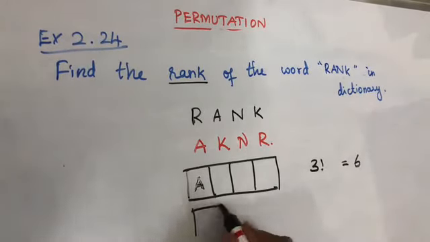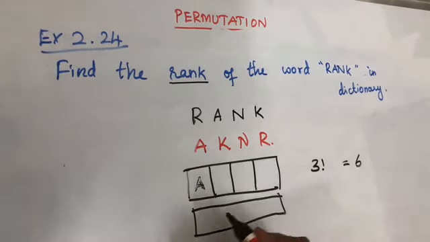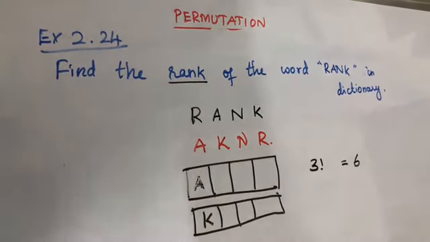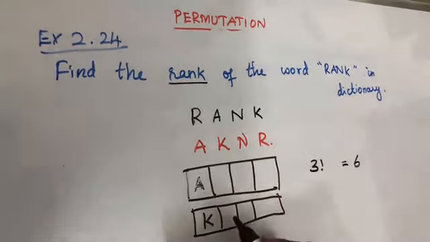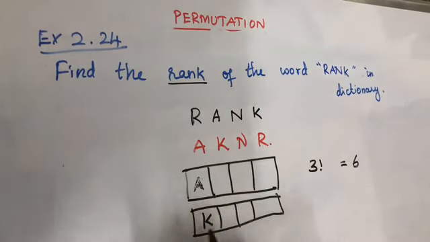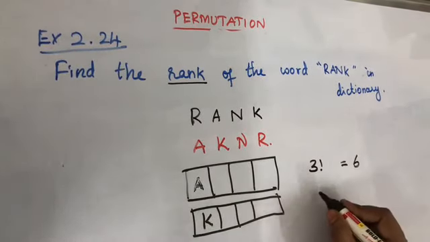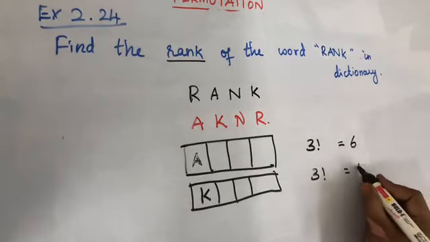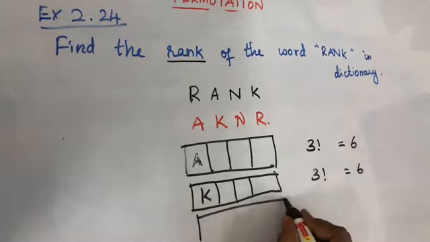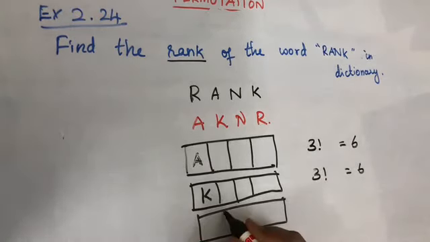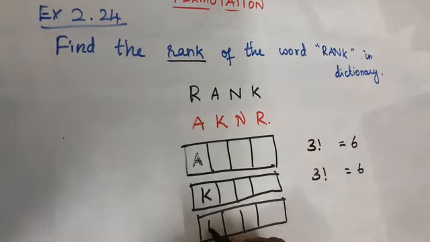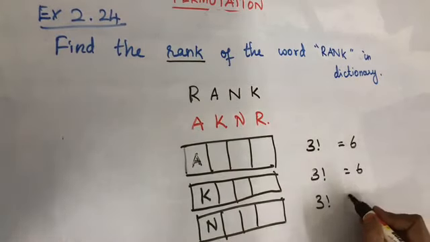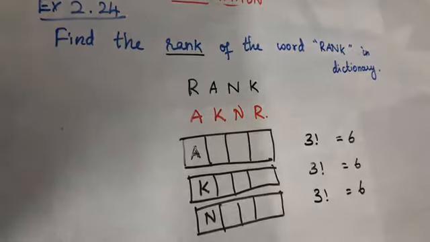Similarly, now the next one, K. I fix K and then write the remaining letters. It will also come in 3 factorial ways, that is equal to 6. And then N, the remaining 3 letters can be filled in 3 factorial ways, which is equal to 6.